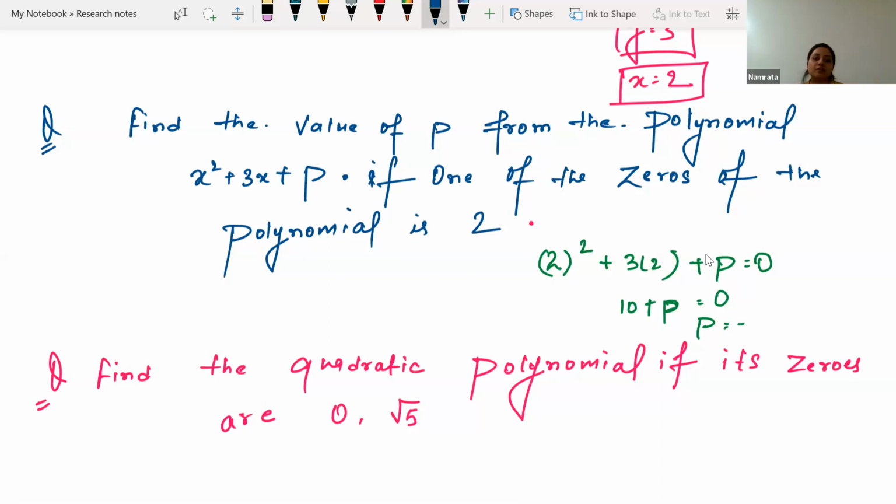When we have one of its factors, then directly we can substitute the factor in our polynomial and easily get the remainder. Yes. So since this value 2 is one of the zeros, it is a solution. That means it will satisfy the equation, right? Yes. And we can compare it with 0. Obviously, the value of p will be minus 10.